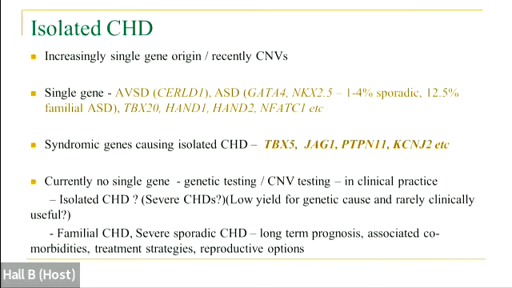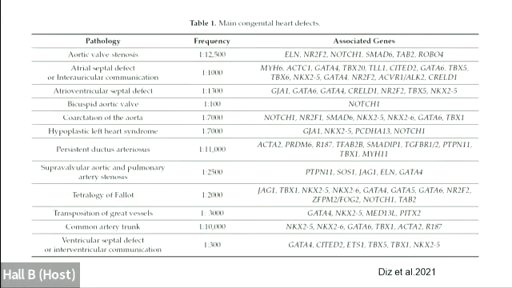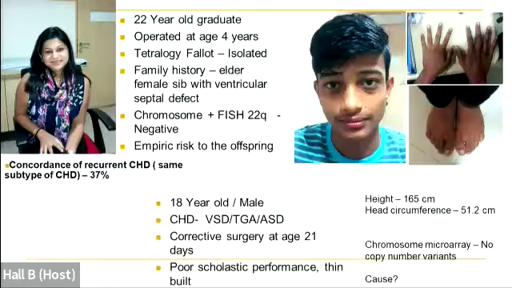We can offer genetic testing, but we should counsel the parents about the low diagnostic yield and that it is rarely clinically useful. These are the various genes described in isolated congenital heart disease.